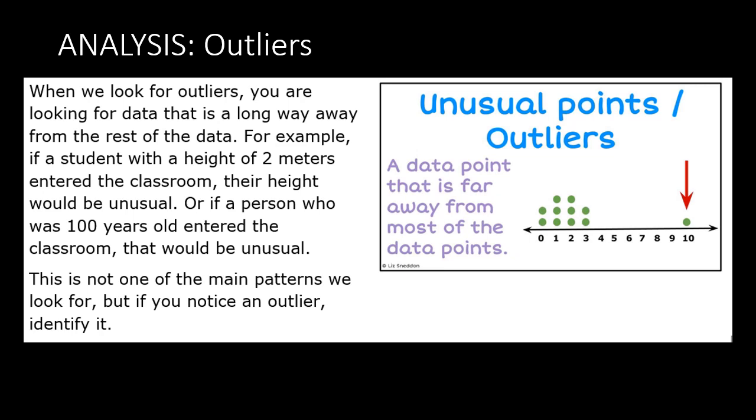When we look at outliers, we're looking for data that's a long way out from the rest of the points. In this graph, if we were to draw the curve, we would see a curve here, and then all of a sudden it would be over here. So we need to actually comment on it. If we looked around our classroom and everybody else is 15, 16 years old, but then you saw a 30-year-old sitting in the corner, you'd be like, what in the world is that guy doing here?